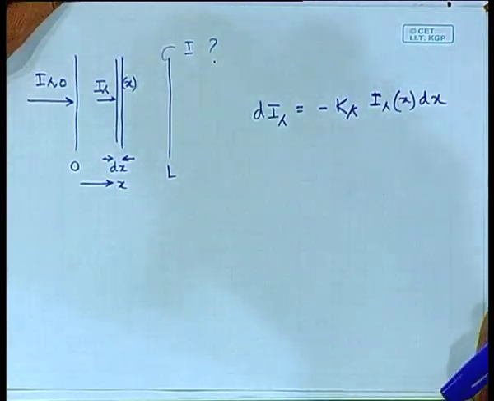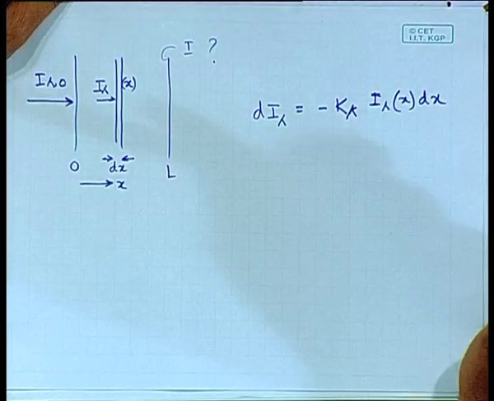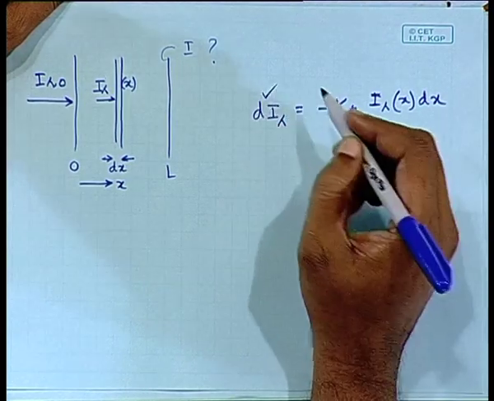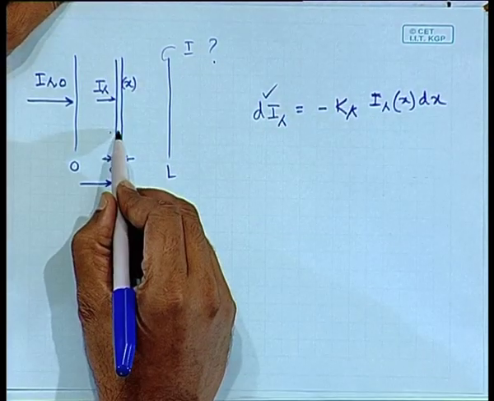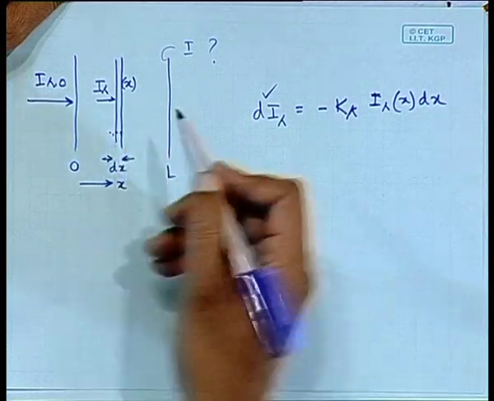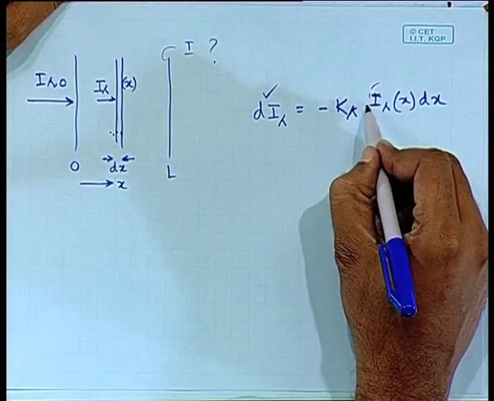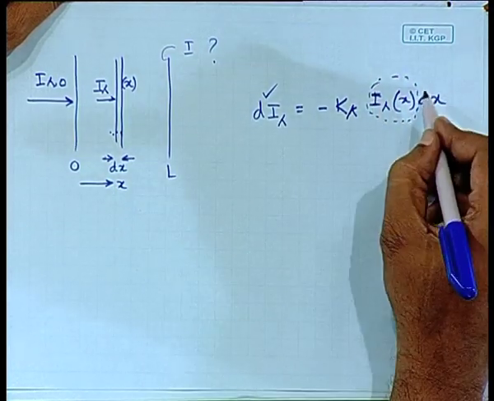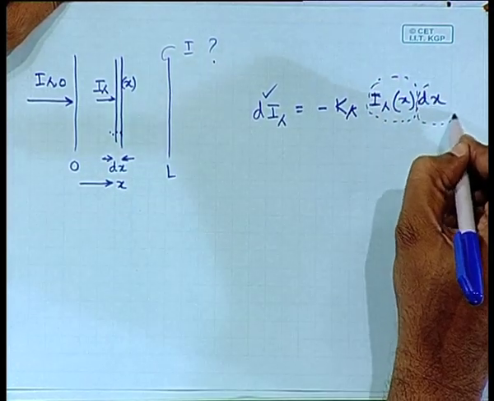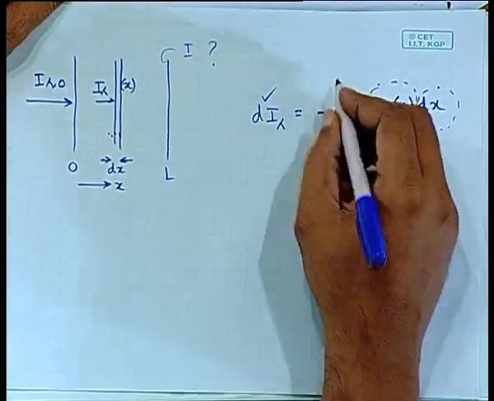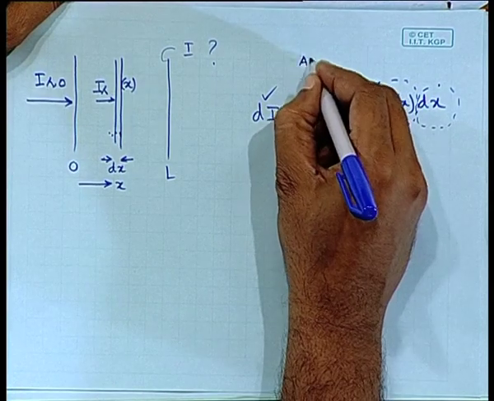It is a volumetric absorption process. That's the proposed law. The reduction in intensity due to this infinitesimally thin layer of gas is going to be proportional to the intensity of radiation at that point and the thickness of the gas layer, and the proportionality constant is simply your absorption coefficient.